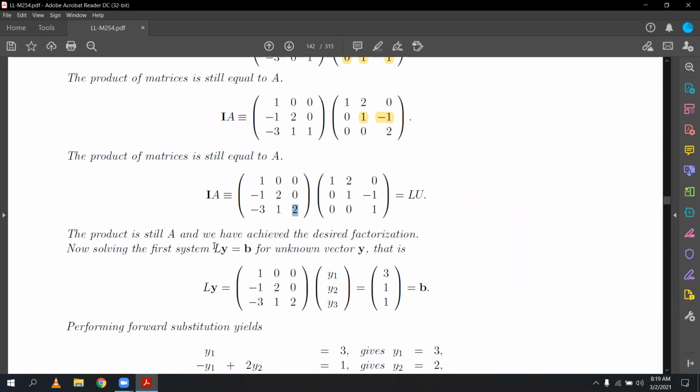And then when you have L and U, things become very simple, because you find the solution. The second step is Ly equal to B. L you just got now, B is given by the teacher.